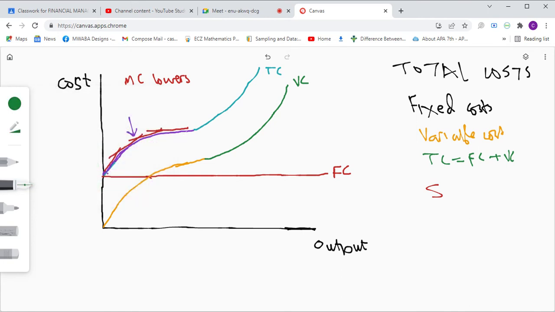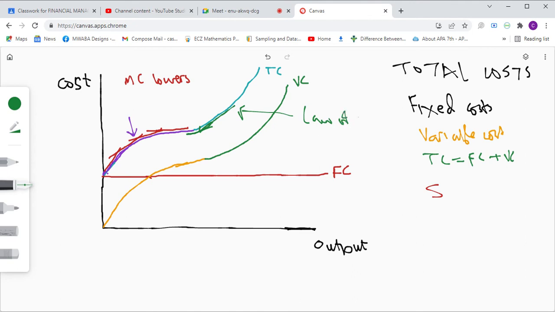All right, as you can see, if we look at the slope here, from flat, it's starting to get steeper. So the total cost is increasing at an increasing rate, right? Because of the law of diminishing marginal returns. The law of diminishing marginal returns plays its part here.